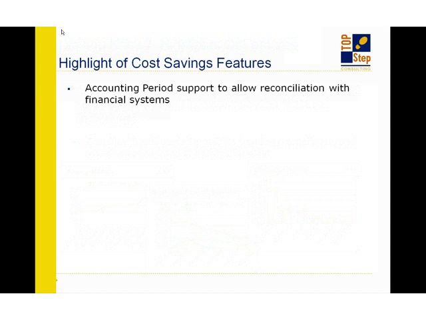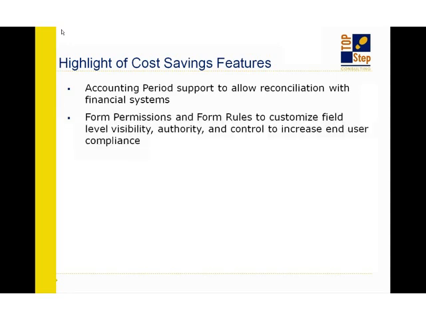OpenAir itself controls a lot of dates on different objects throughout the system, but with accounting period support functionality, now you get that extra accounting date, which maps to the fiscal period that information was posted into your accounting system. That saves tons of time for report reconciliation from your finance and accounting people and your project administration team. So if you're not using that feature, that's one that I would suggest you take a look into.